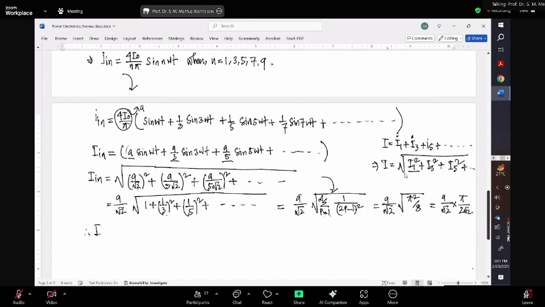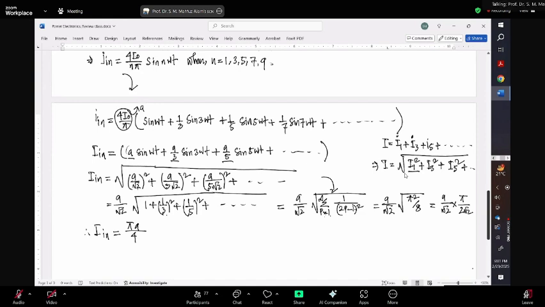So then your I in RMS value would be what? Pi A over what? Pi A over 4, right?